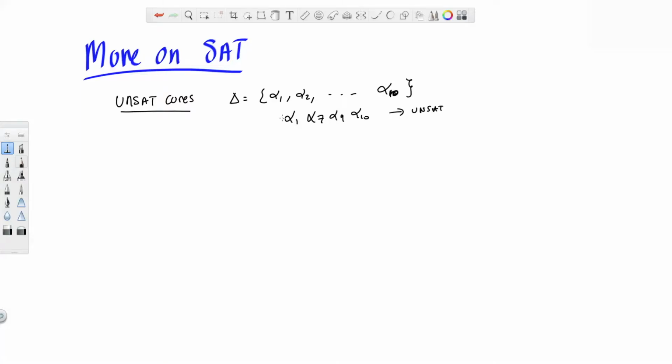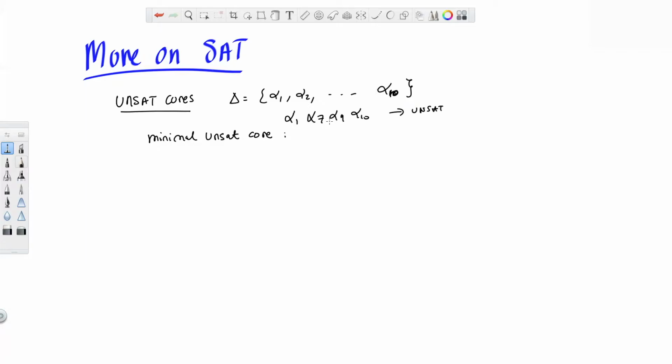And then you get to the notion of what people call a minimal unsat core, and you can imagine what that is. Not only is this unsat, but if you were to remove any of these 4 clauses, then it becomes satisfiable. So each one of these is actually necessary for generating a contradiction.